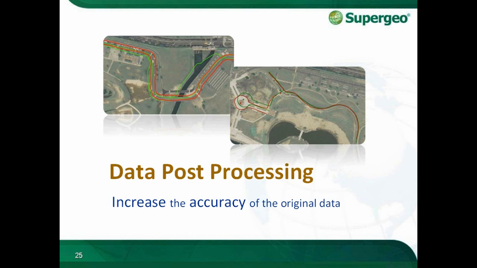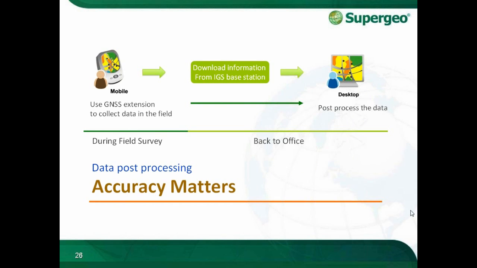Okay, hi everyone, it's George. In this section, we are going to introduce how to post-process your data to increase the accuracy of the original survey data. To use the post-process function in the SuperGIS desktop, the first thing you have to do is enable the GNSS extension to collect the data by using your Superpan.